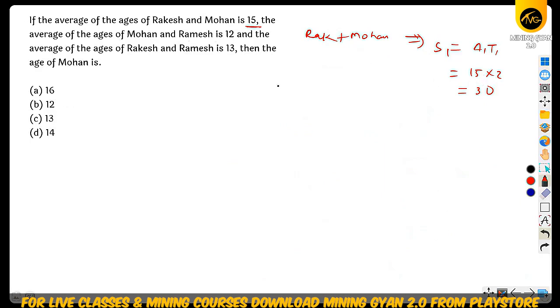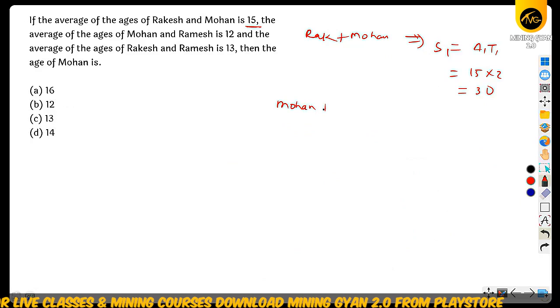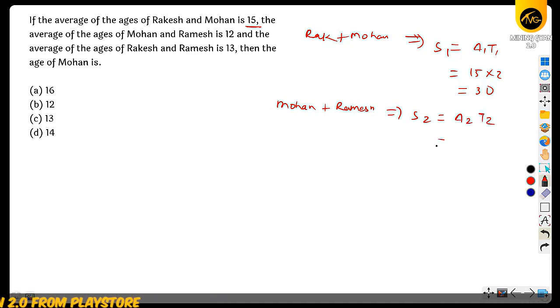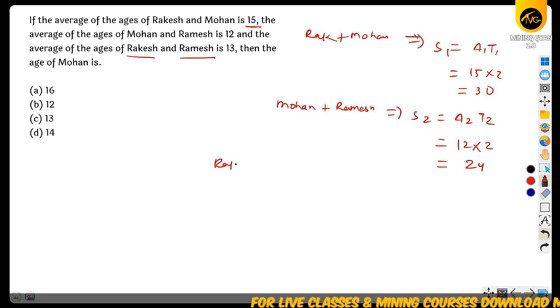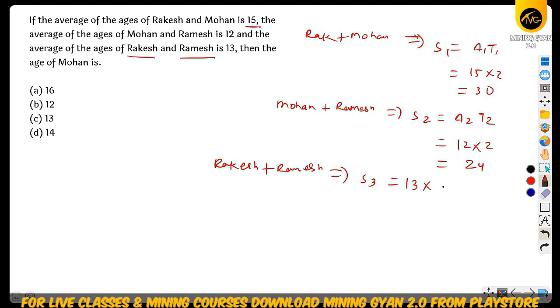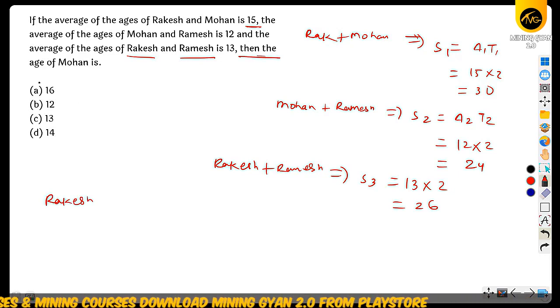The average of the ages of Mohan and Ramesh is 12, so H2 is equal to A2 into T2, that is 12 into 2, 24. Now the average of the ages of Rakesh and Ramesh: H3 is equal to 13 into 2, it's 26.